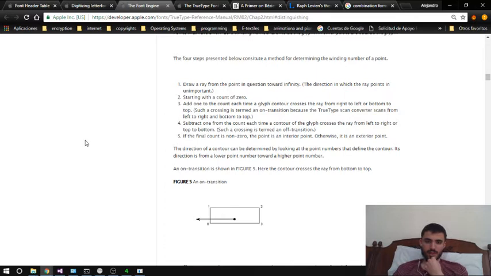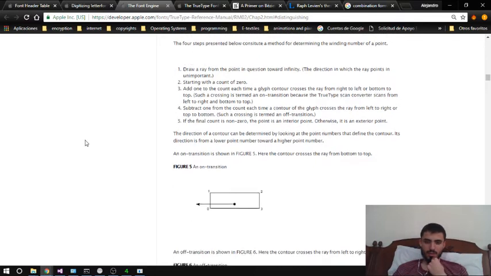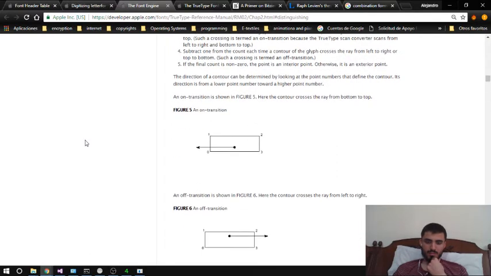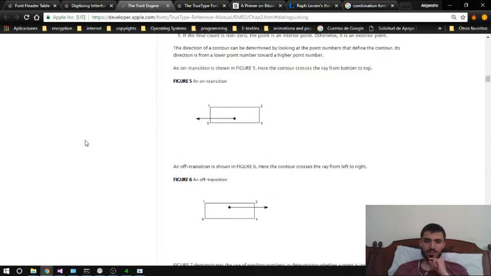If the final count is not 0, from left to right or from top to bottom. Oh, that's interesting. An off transition is shown in figure 6.